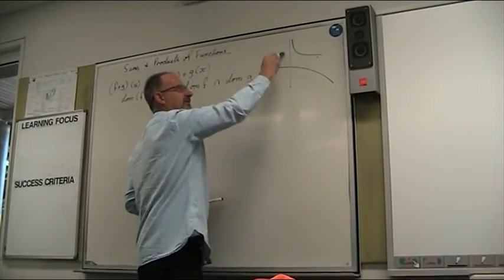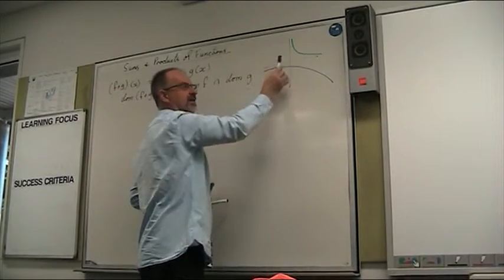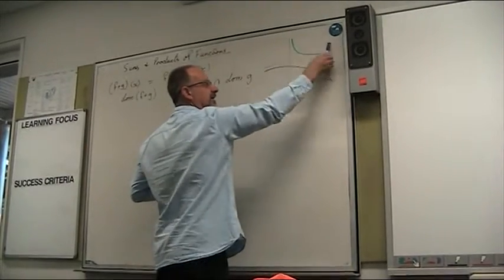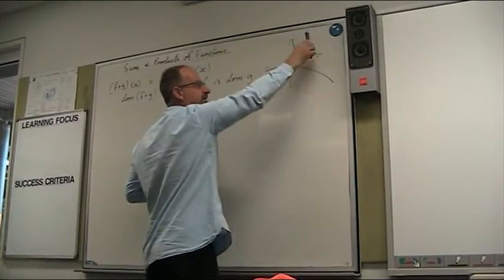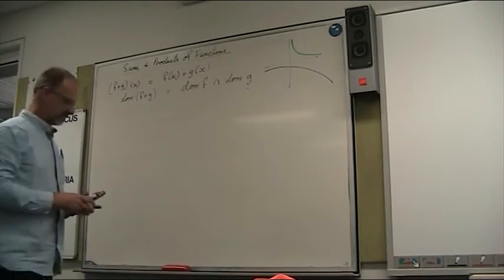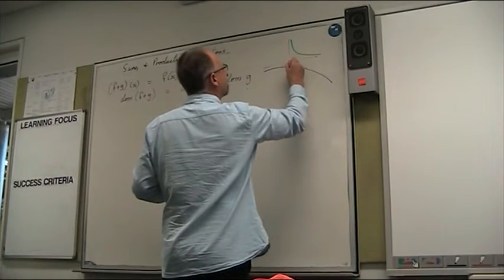So if I haven't got this bit here, I've got nothing to add together, so f plus g will only be the intersection between those domains. Right, so f plus g domain would be here.